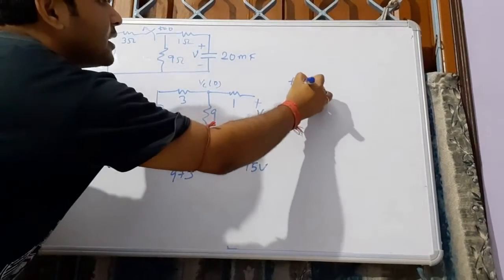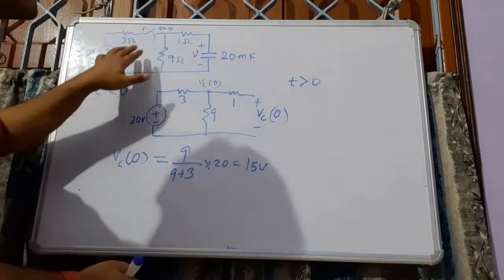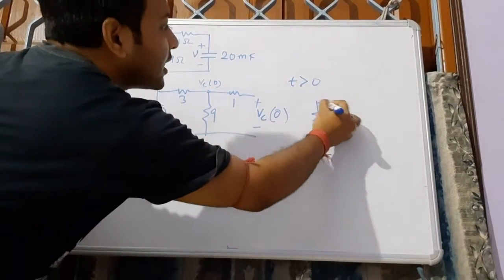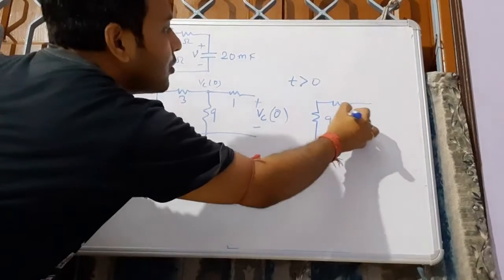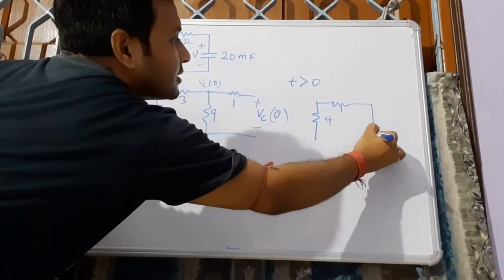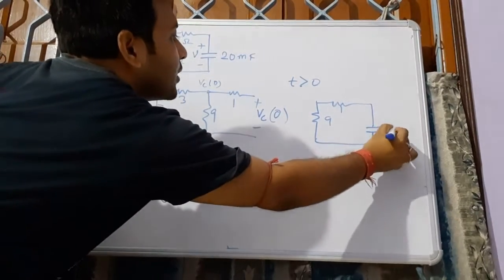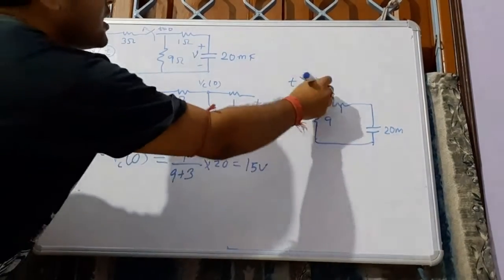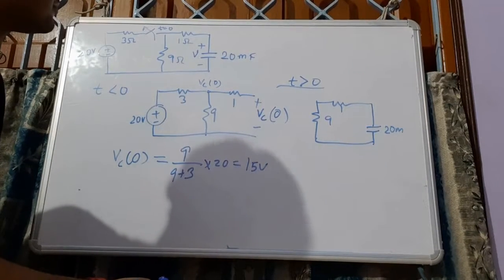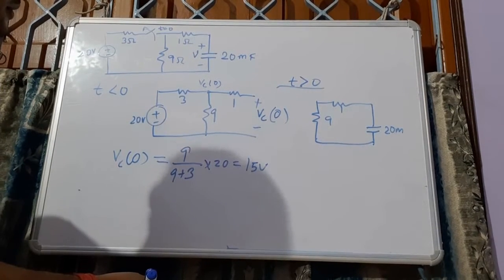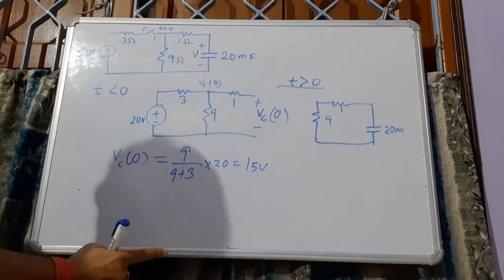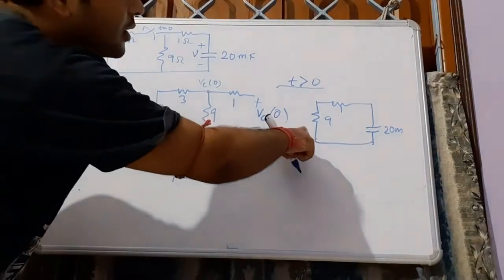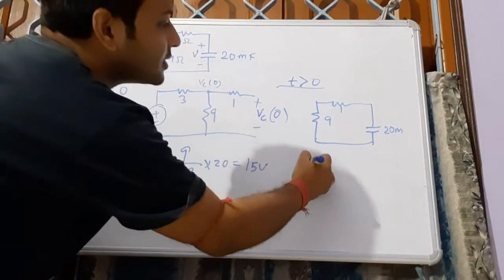Now for t greater than 0, what will be the circuit? The switch is open, so the circuit is 9, 1, and this capacitor 20 milli, okay, this is the circuit for t greater than 0. Now we need to find the voltage V. So what is the resistance value?